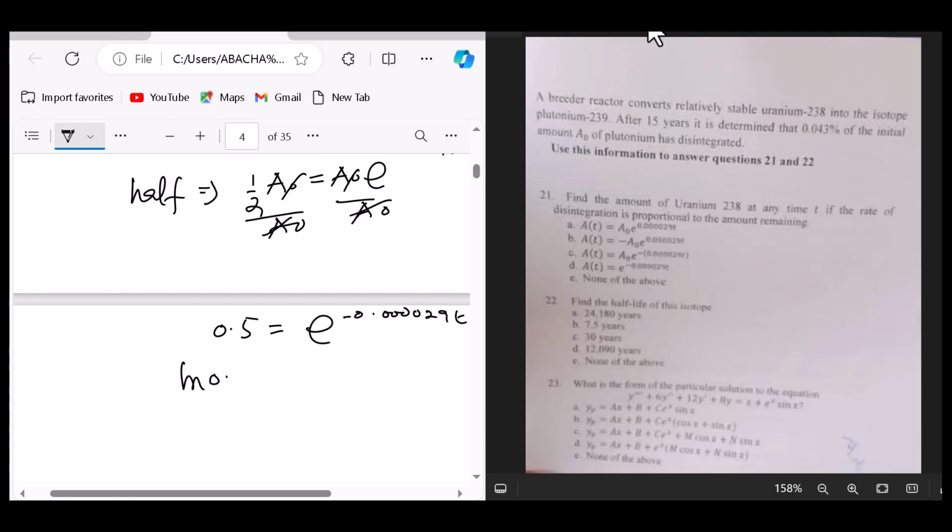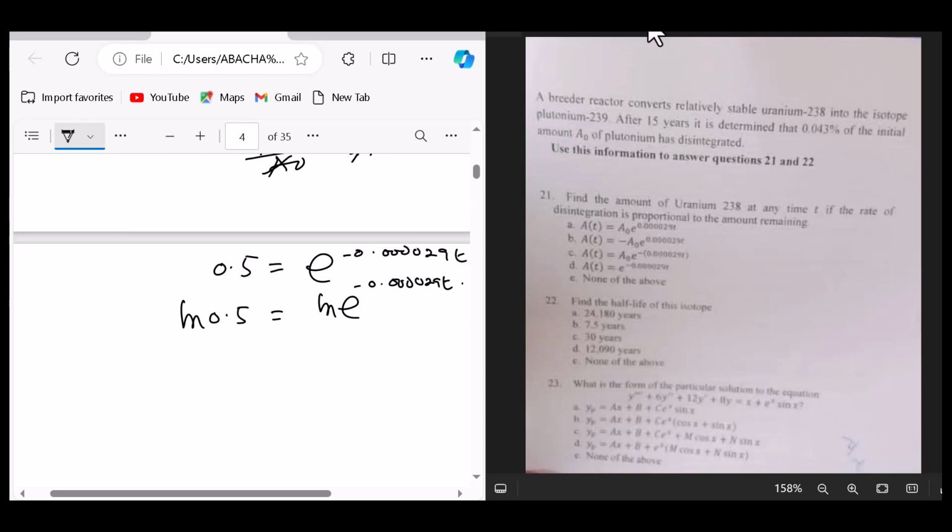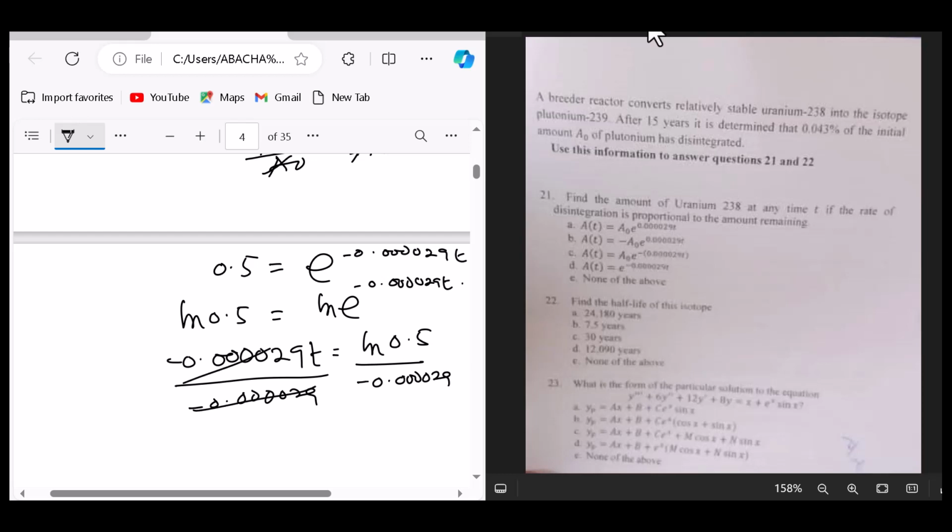We take ln of both sides: ln 0.5 equals ln e power negative 0.000029 t, and the exponent drops. So negative 0.000029 t equals ln 0.5, and dividing both sides by negative 0.000029, therefore t equals ln 0.5 divided by negative 0.000029.